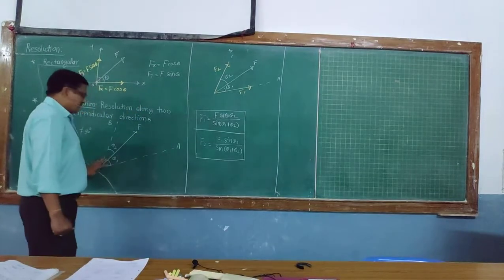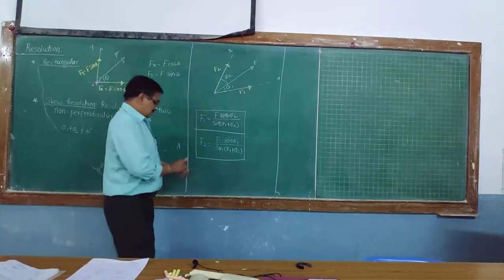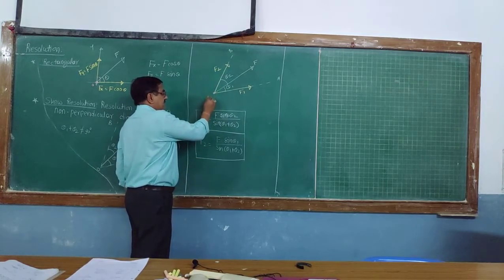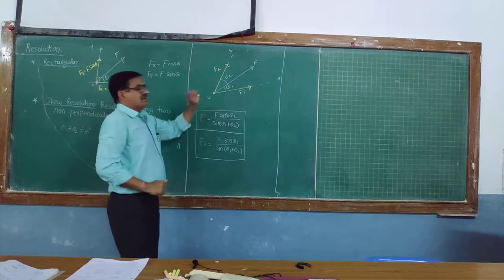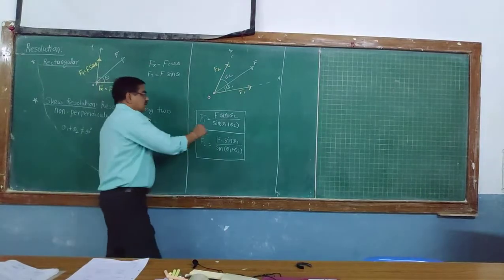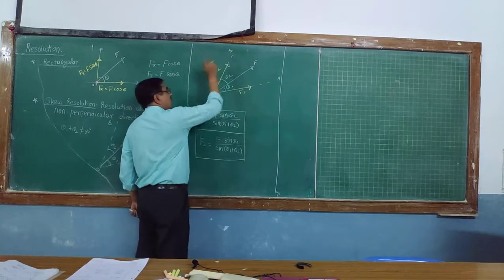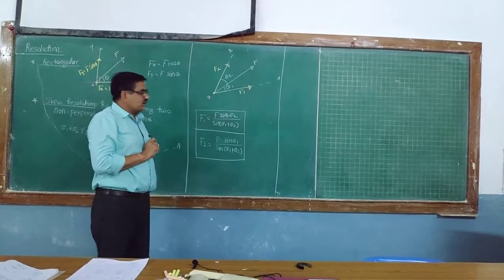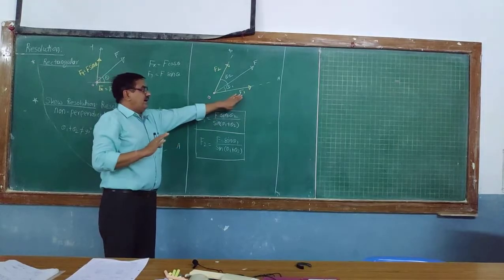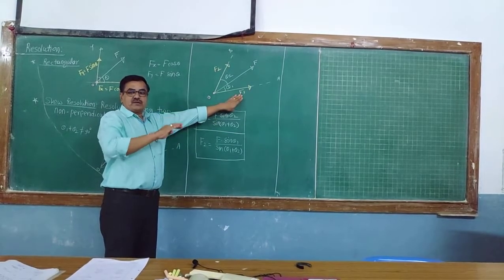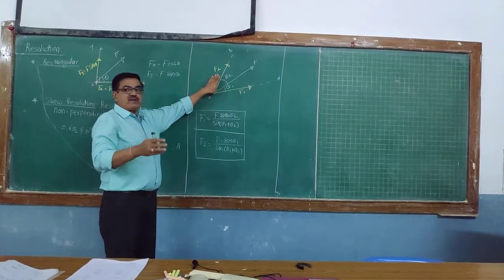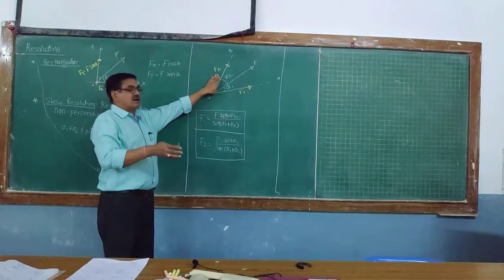Now I have modified the figure. Again, this is the new figure. Force F is acting at point O, and these are the directions OA and OB, along which we have to resolve force F. Now let F1 be the component of force F acting along OA and F2 be the component of force acting along OB.